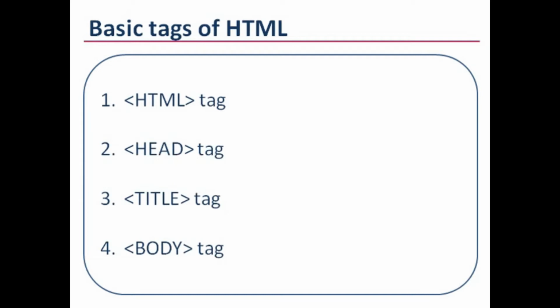An HTML document can be divided into two parts, head and body part. The head part is shown on the top of the web page or document. The body tag contains the entire content of the HTML document. It means you can include all contents in this tag.